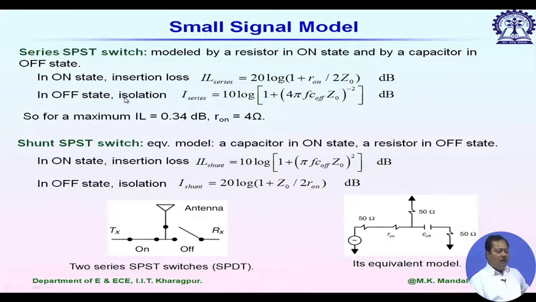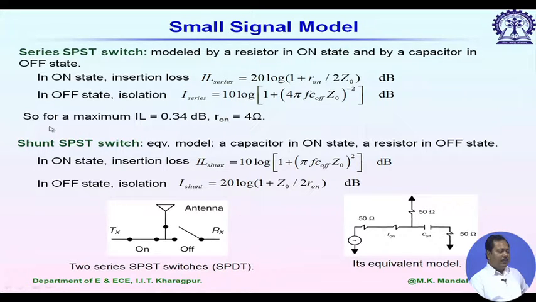And in off state, that means when the switch is replaced by a small value of capacitor, if I calculate S21, so isolation I series, that is 10 log of 1 plus (4 pi f C Z0) whole to the power minus 2 in dB. So, we have actually one half term, one square term here, because of that the 20 log becomes 10 log.